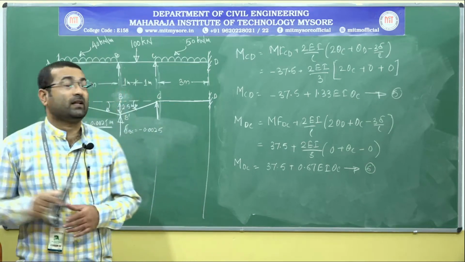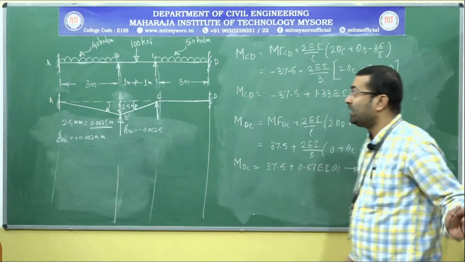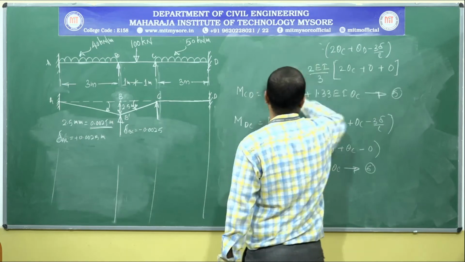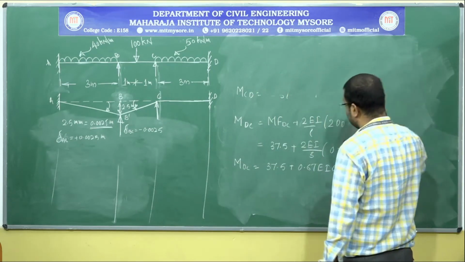So the next step is we need to write the equilibrium conditions at joint B as well as at joint C, as the unknowns theta B and theta C are from the same location.